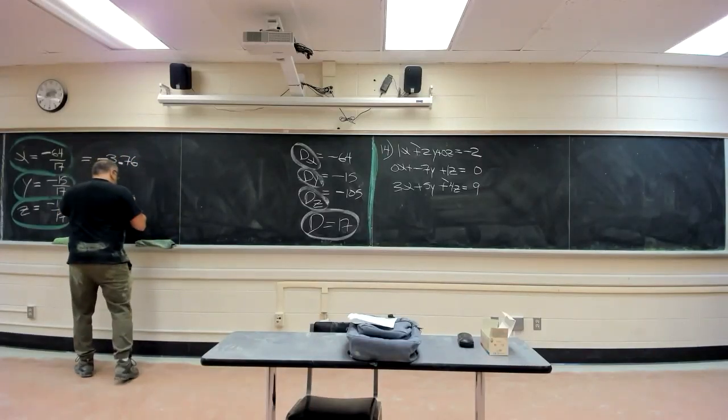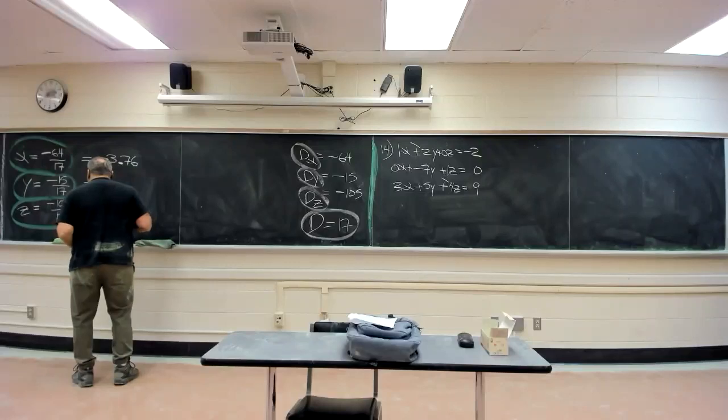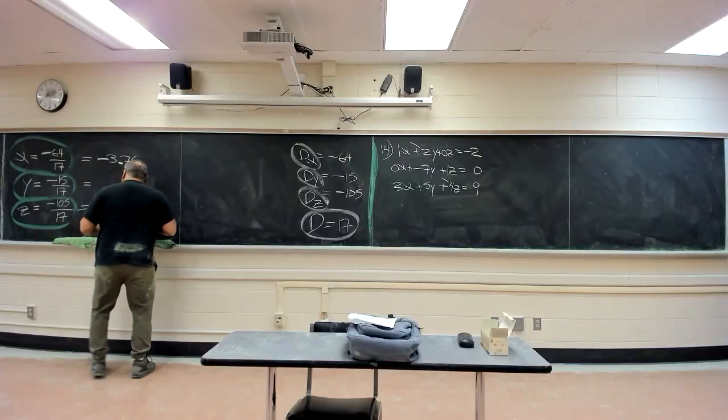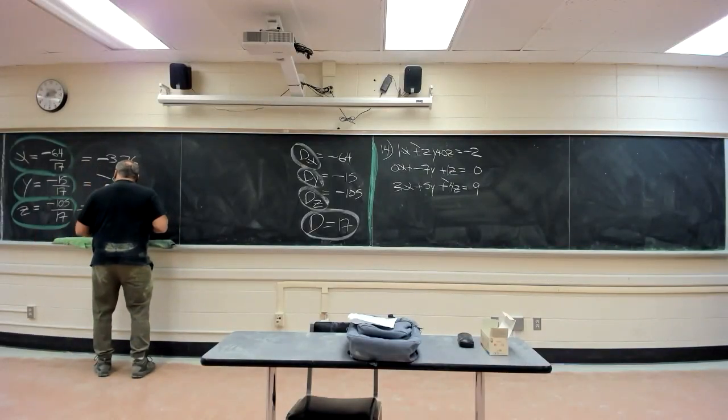Not exactly equal to it. We have to have it go repeating. But for our purposes, it is what it is. We got negative 15 divided by 17. Negative 0.88.